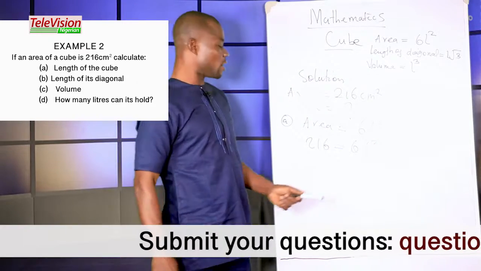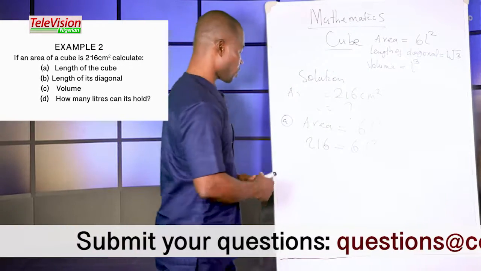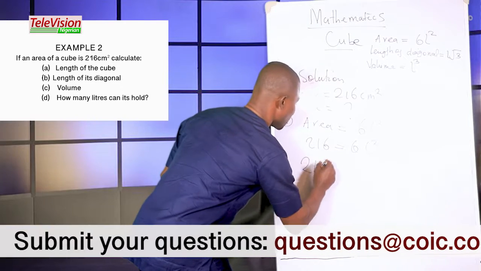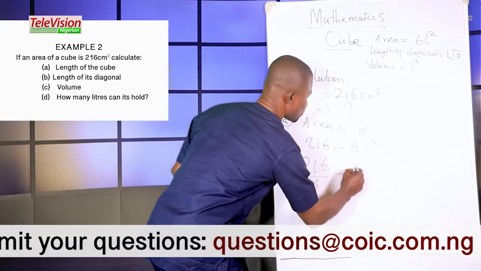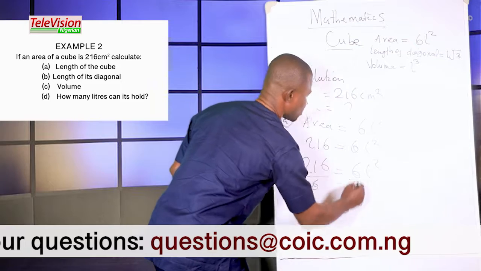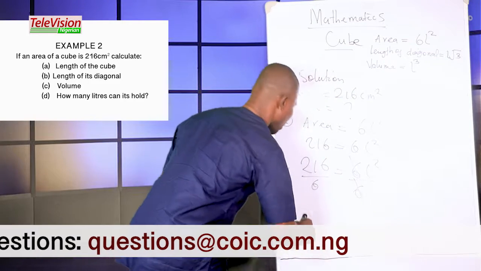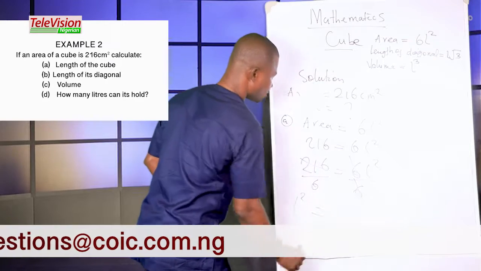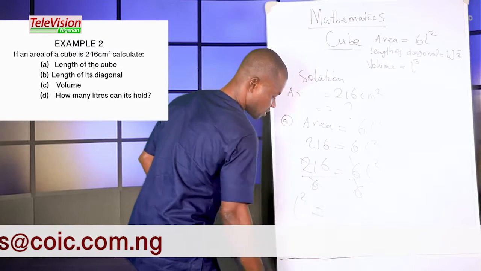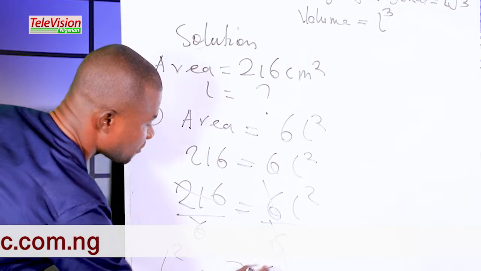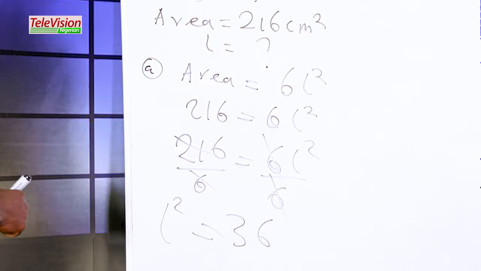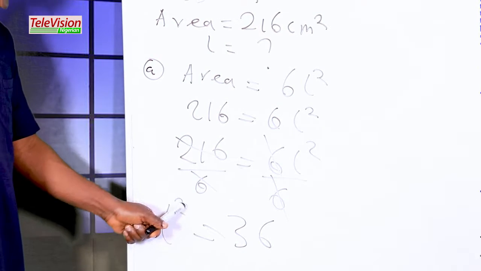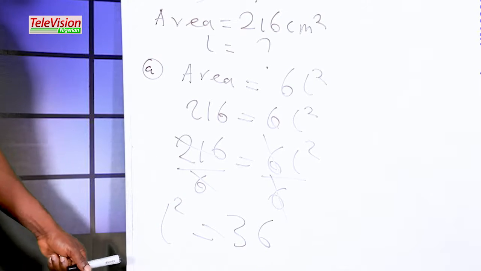We divide both sides by 6, so 216 divided by 6 is equal to 6L squared divided by 6. 6 cancels 6. We have L squared is equal to 216 divided by 6, which is equal to 36. We have L squared is equal to 36.